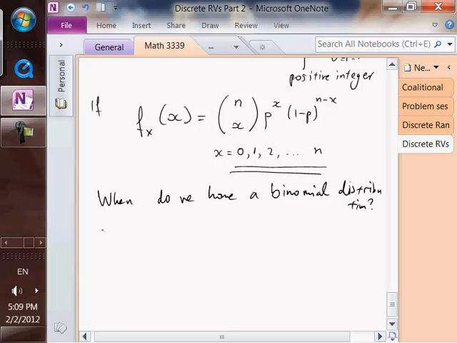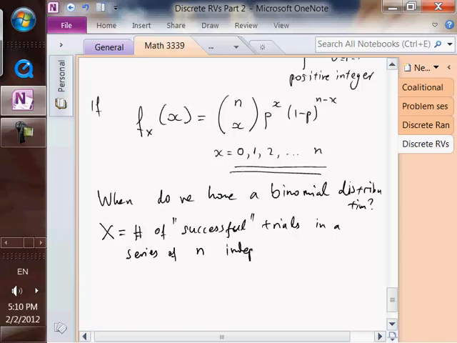So we have that X is the number of successful trials, whatever you want to call success, in a series of n independent Bernoulli trials.